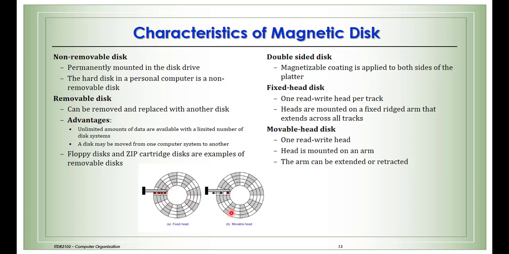In the movable head disk, we have one read-write head with an arm that can extend, moving backward and forward to access each track. The fixed head disk will be faster than the movable head.